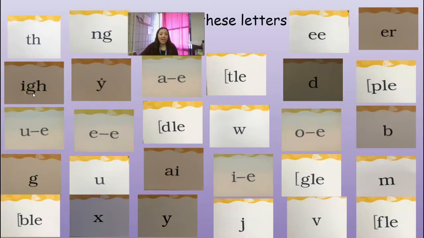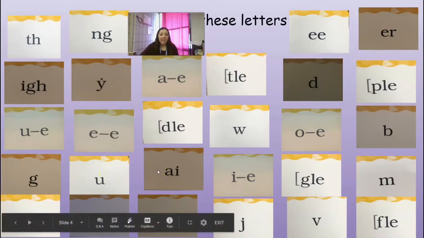And we have trigraph IGH, vowel Y, A consonant E, final syllable TLE, D, final syllable PLE, U consonant E, final syllable DLE, W, O consonant E, B, G, U, vowel digraph AI.